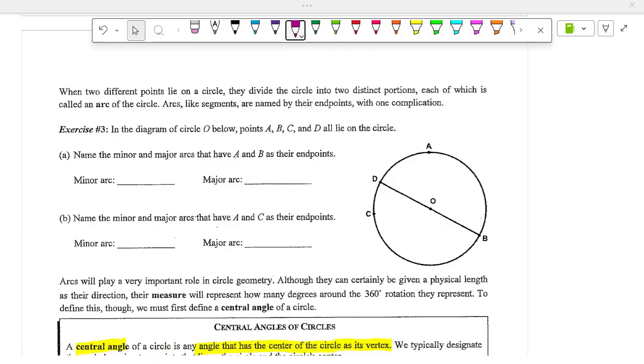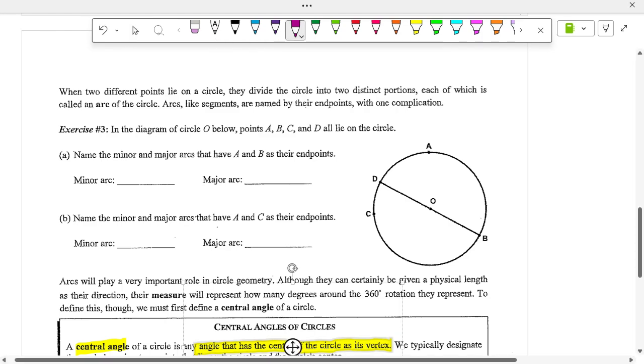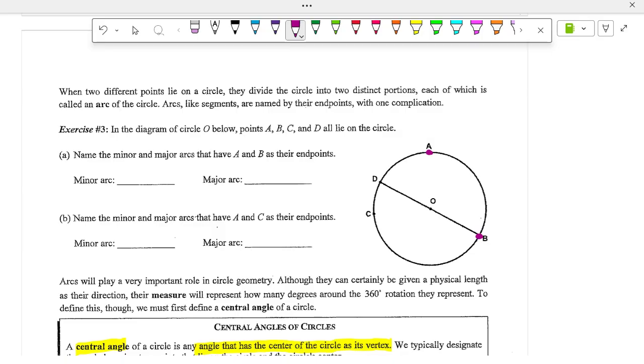So it says, name the major and minor arcs that have A, B as their endpoints. So these 2 points are my endpoints. Right, the minor arc is going to be A to B. Remember, we name minor arcs with 2 letters only.